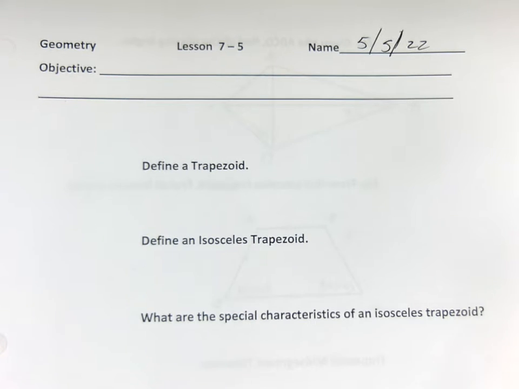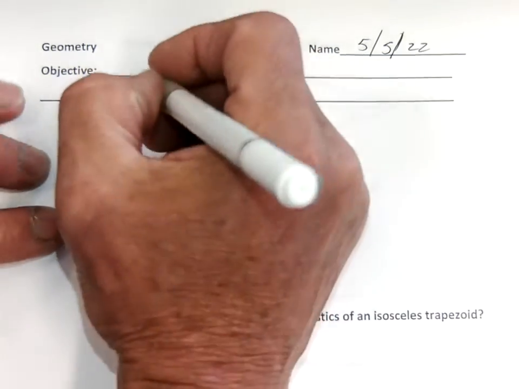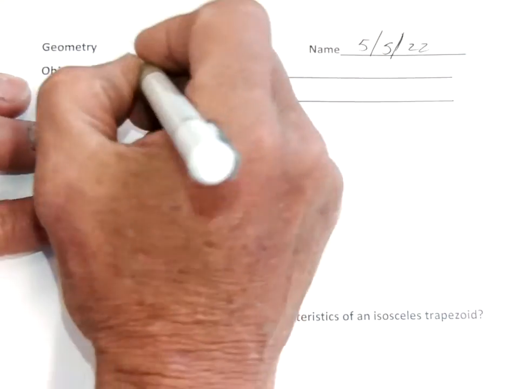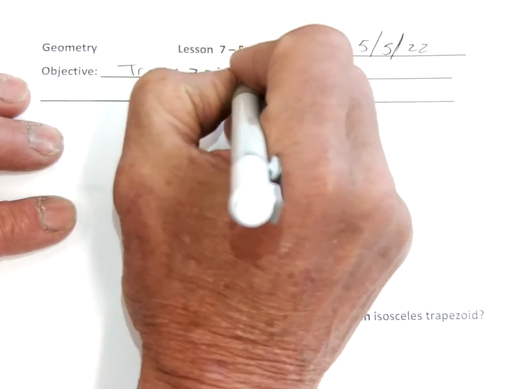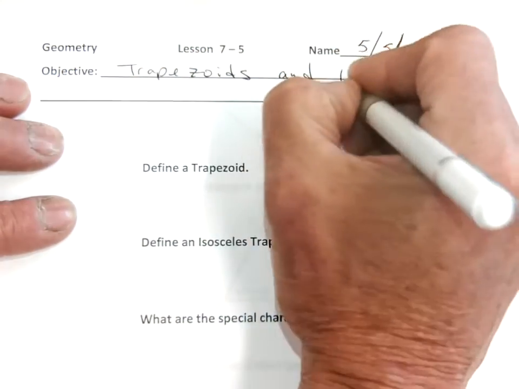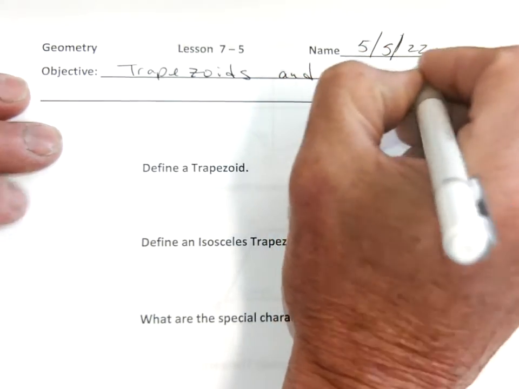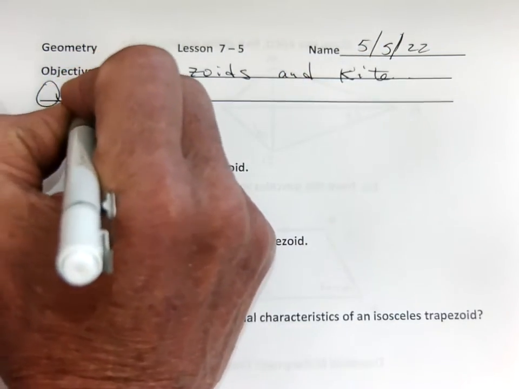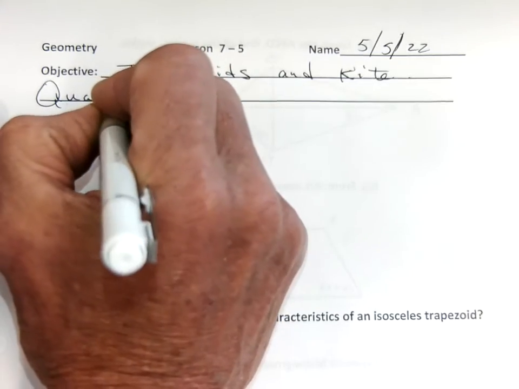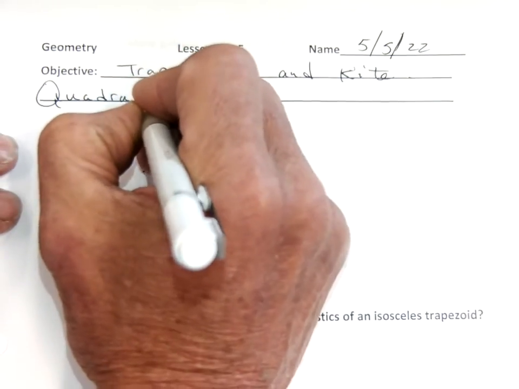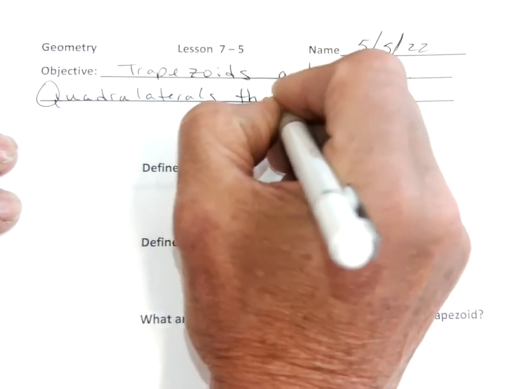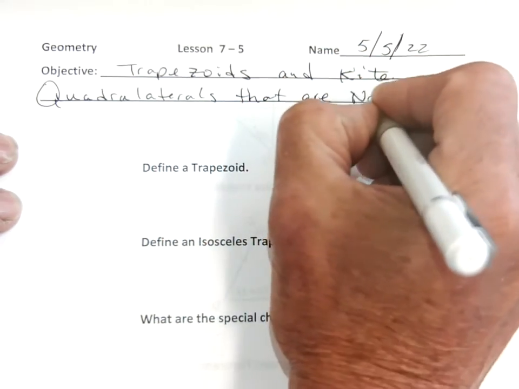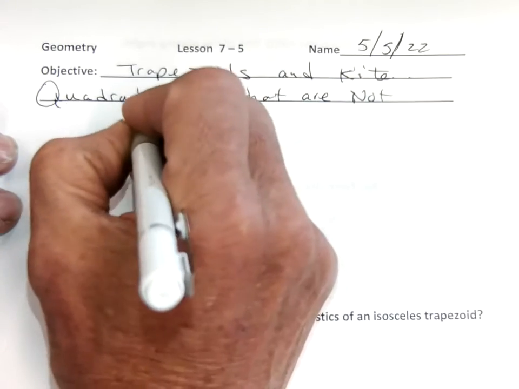Okay, so back to math. Objective. Today we're going to talk about trapezoids and kites, because they are quadrilaterals that are not parallelograms.